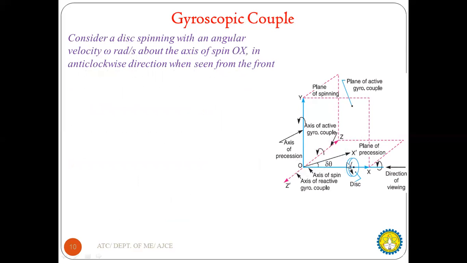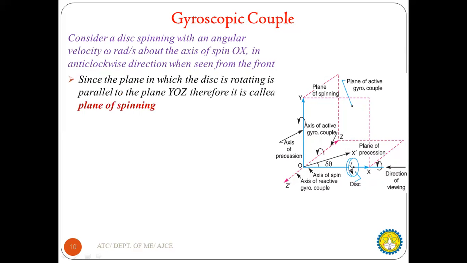So here we have this disk. Consider the disk spinning with angular velocity omega radians per second about the axis of spin OX, in the anticlockwise direction when seen from the front. Since the plane in which the disk is rotating is parallel to the plane YOZ, here we can see this YOZ plane.